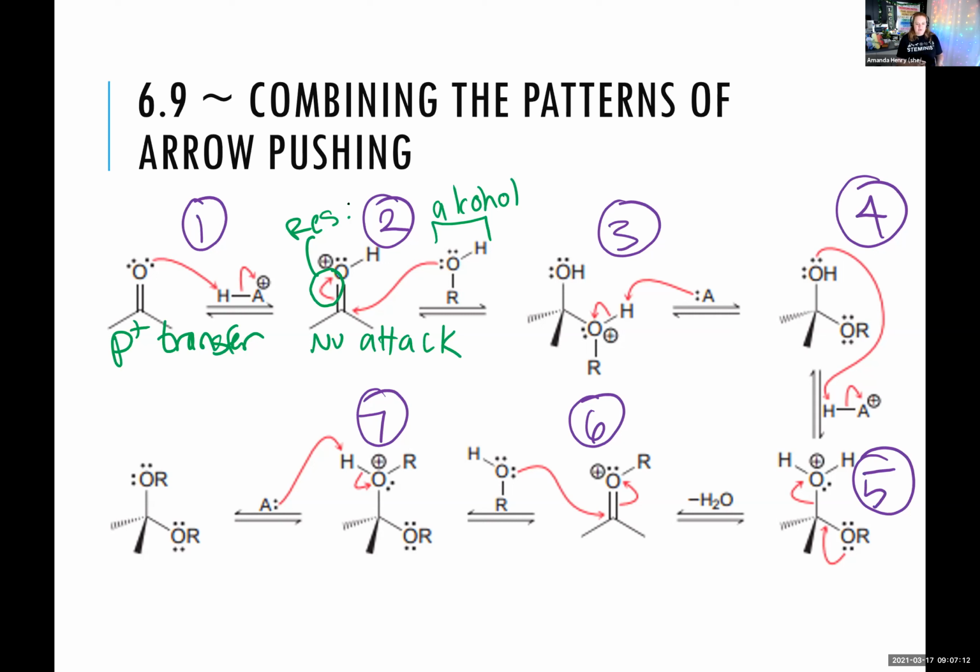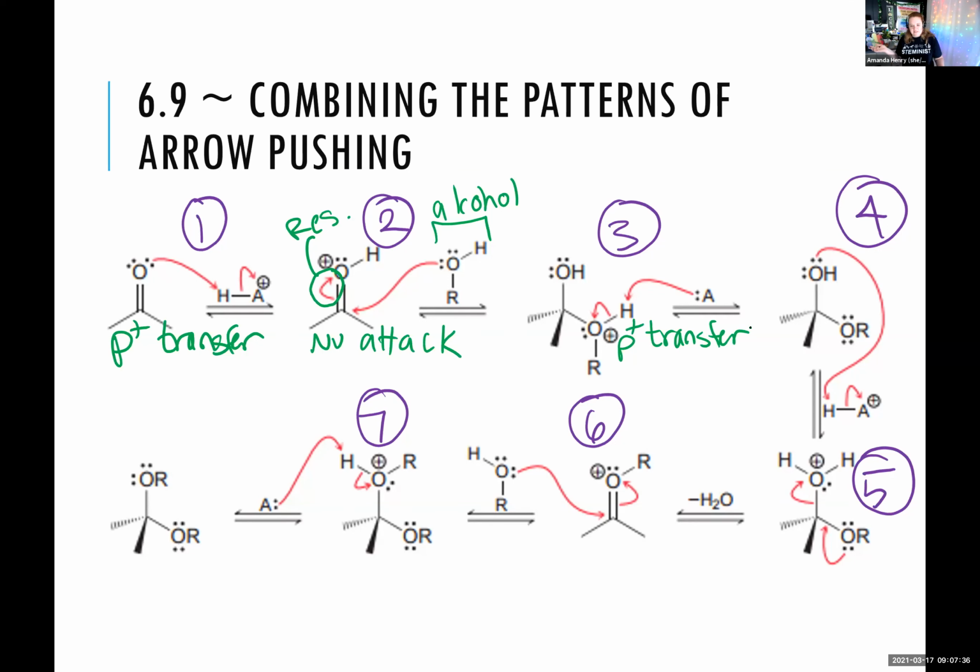What's going on in step number 3? Is that one also a proton transfer? It is. And what you will see, especially as we learn bigger mechanisms, honestly not till next semester, is that there's a lot of proton transfers.